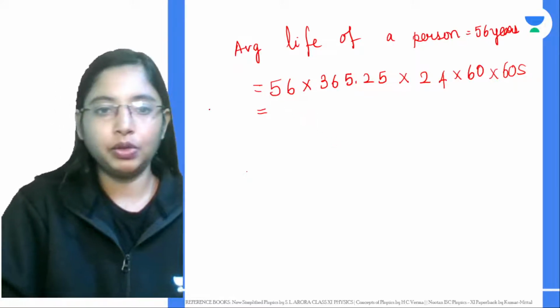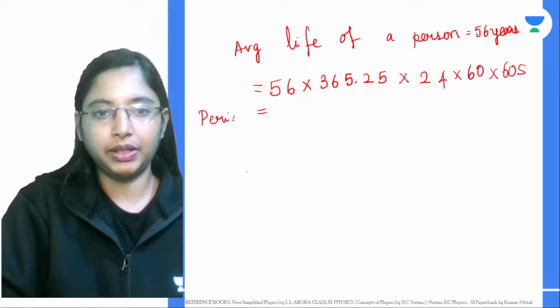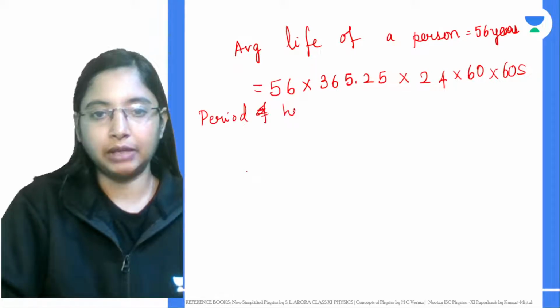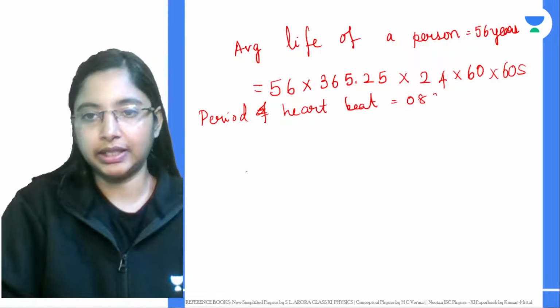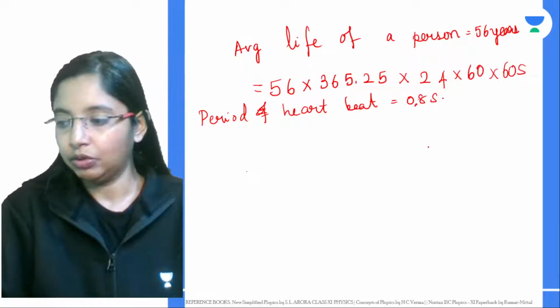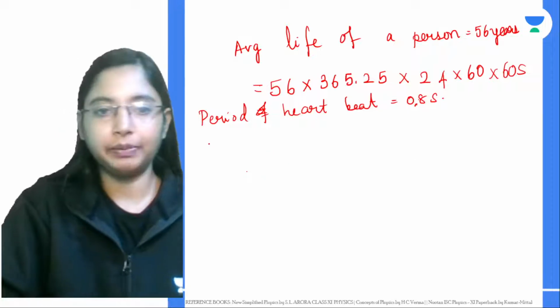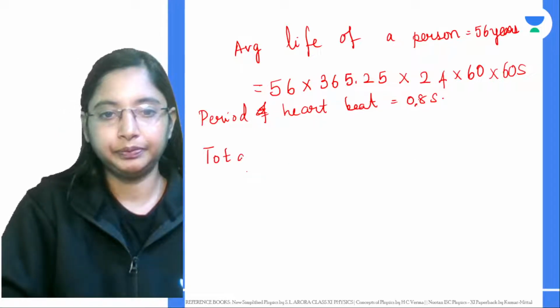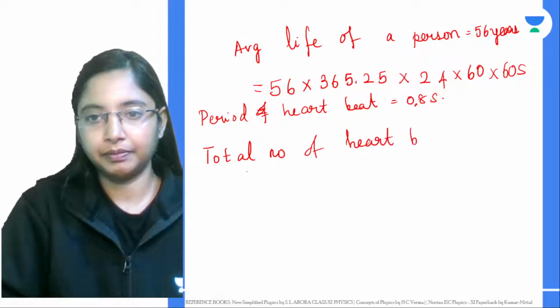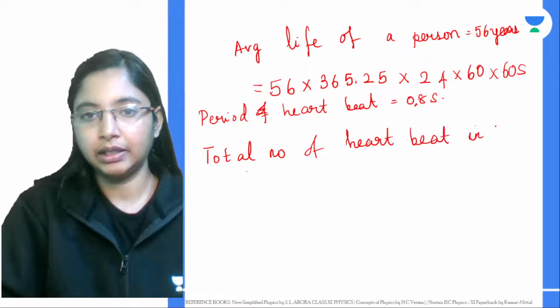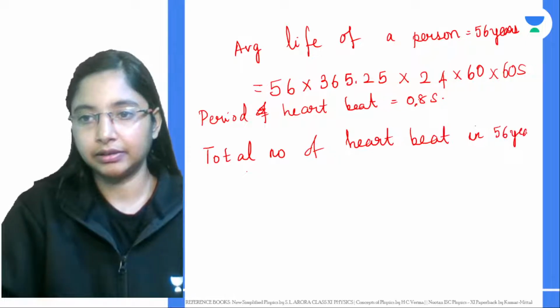Now, what was the period of heartbeat we saw? The period of heartbeat was around 0.8 seconds. Now, what will be the total number of heartbeats in 56 years?